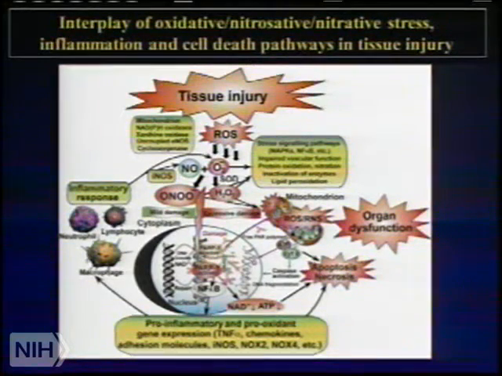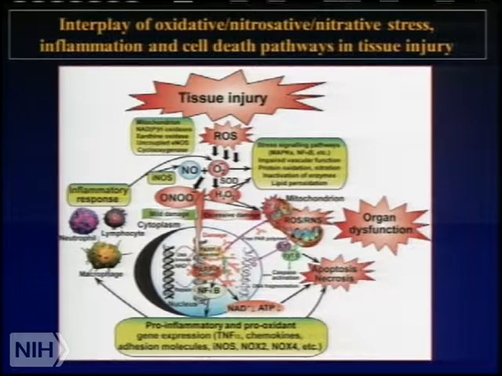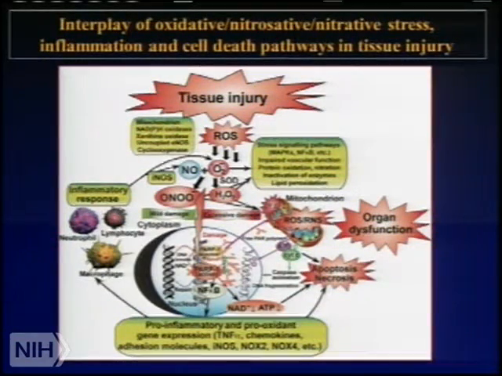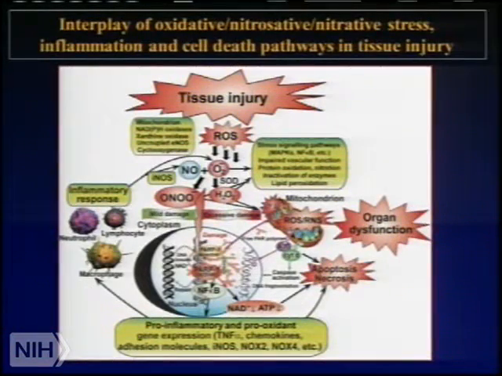Also during inflammatory processes, inducible nitric oxide synthase is always induced, which can generate lots of NO. Usually this leads to oxidation of various proteins, activation of cell death signaling pathways, lipid peroxidation, and also oxidative DNA damage, which can then lead to the activation of the nuclear enzyme poly(ADP-ribose) polymerase, PARP.